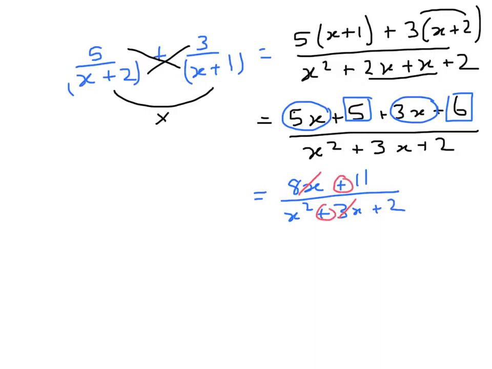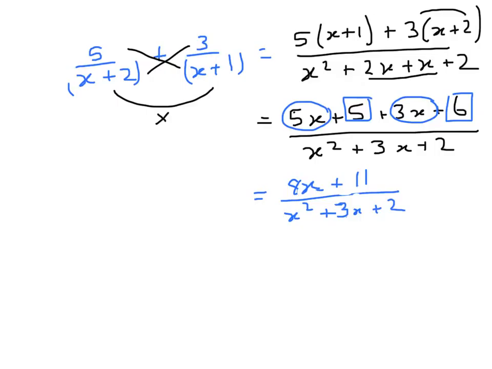If they're all multiplied together, I can do some of that cancelling, but I can't here. So I had 8x plus 11 and x squared plus 3x plus 2 on the bottom. It's got to stay like that.